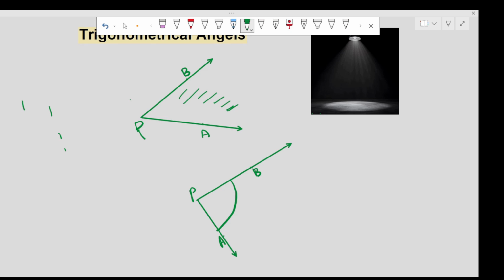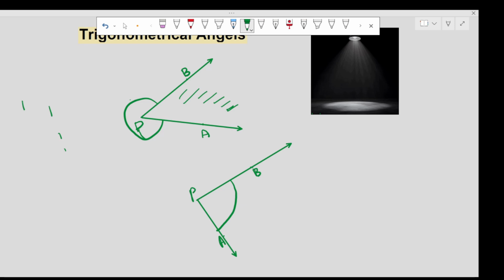But if we mention angle APB, that means this angle. So by two rays there are two angles in that plane: the interior portion of the angle and the outer portion.